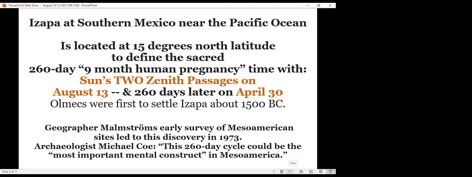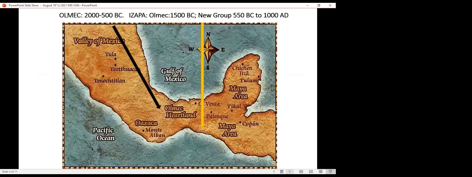This 260-day cycle could be the most important mental construct in Mesoamerica, according to Michael Coe in his Book of the Maya, before they were able to zero in on the actual origin of it. This map is then showing the location of these major regional sites, and should be very familiar to all of us.